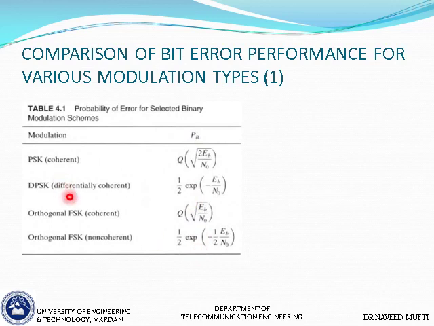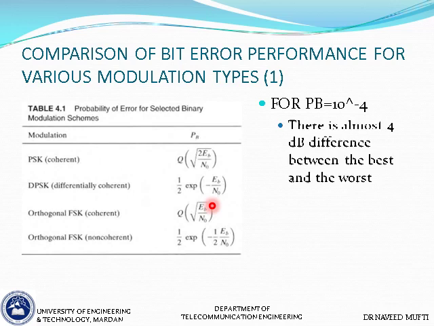These are the PB expressions for the best known of the binary modulation schemes, and for PB equal to 10 to the power minus 4, it can be confirmed that there is approximately a difference of 4 dB between the best and the worst of these schemes shown in this table.